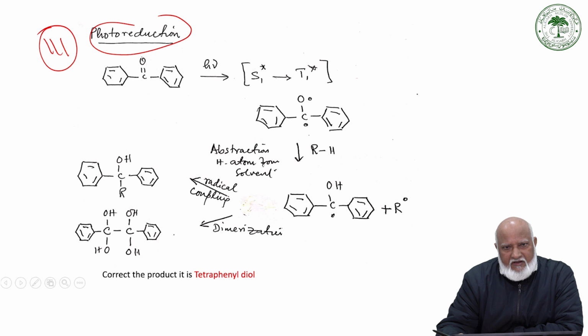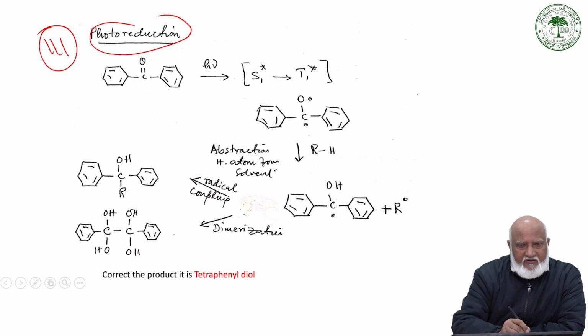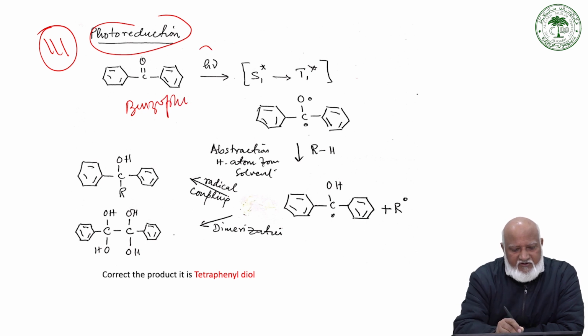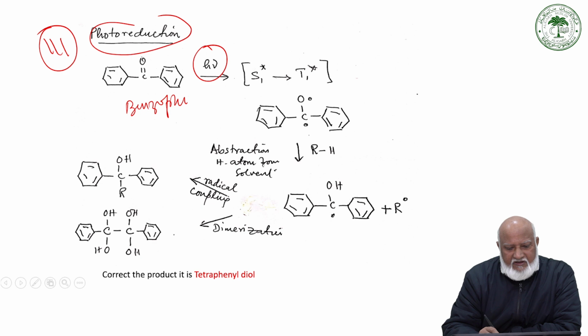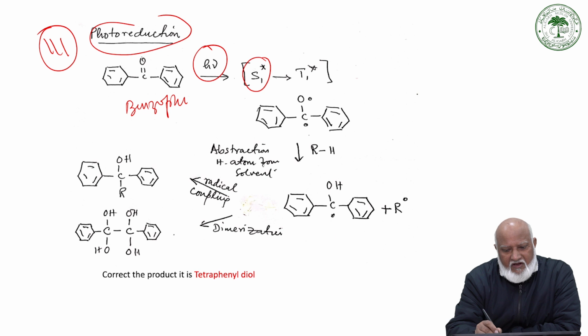This photoreduction is very common in aromatic ketones like benzophenone, where in the presence of light it goes to an excited singlet state, and benzophenone is very susceptible to undergo intersystem crossing to the excited triplet state.